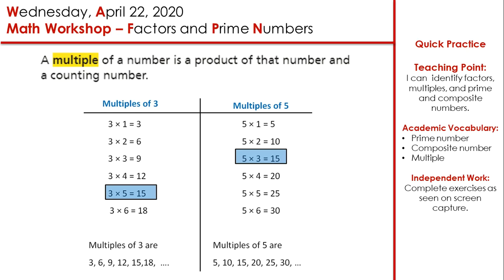If we try the same for multiples of 5, then we got 5, 10, 15. Basically, it is the product that you get by multiplying that specific number by a different counting number. You may try this with whatever number you want and you will find every multiple.